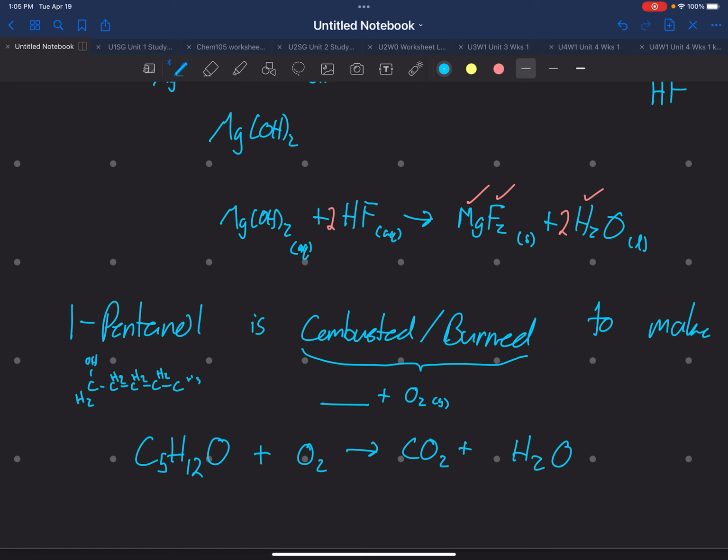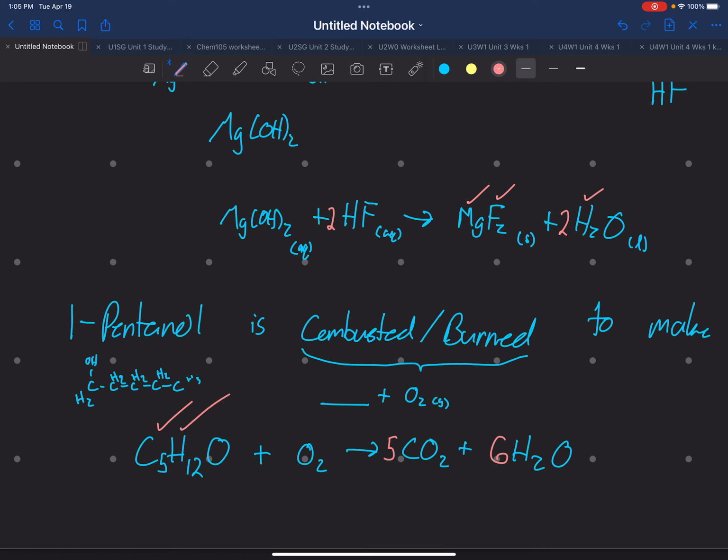So now let's count, dude. There are 5 carbons on the left and 1 carbon here, so we're going to have to put 5. Okay, so carbon's good. Now we'll do hydrogen. There are 12 hydrogens on the left and only 2 here, so we're going to have to put 6. So hydrogen's good.